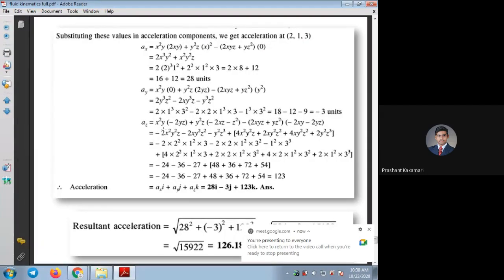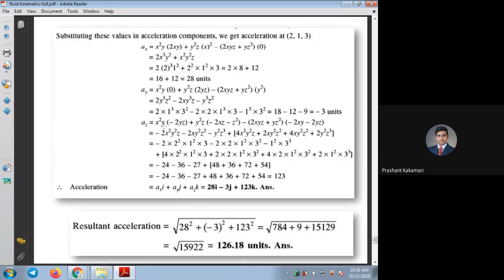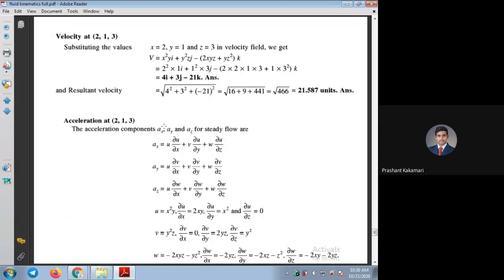X square y is U, into the bracket dou W by dou X. After differentiation of this W term with dou W by dou X, I got minus 2YZ. So this U term, x square y, I'll multiply with minus 2YZ.